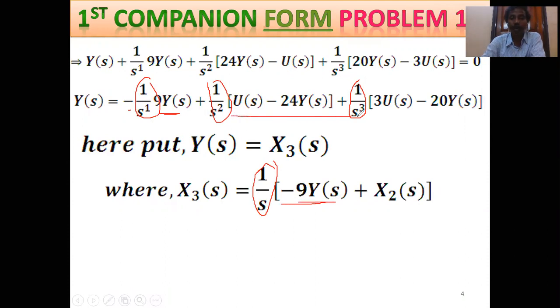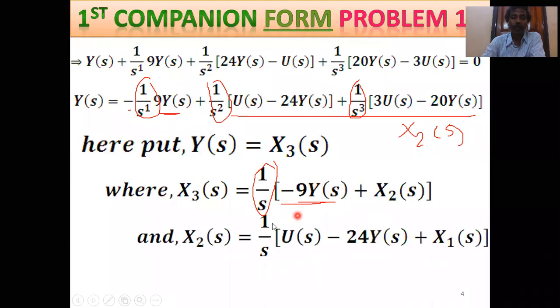And the next term equals X2(s). Again X2(s) equals what? X2(s) equals just 1 by s in this position, second time 1 by s common. So this is 1 by s U(s) minus 24 Y(s), plus this is equivalent to X1(s).